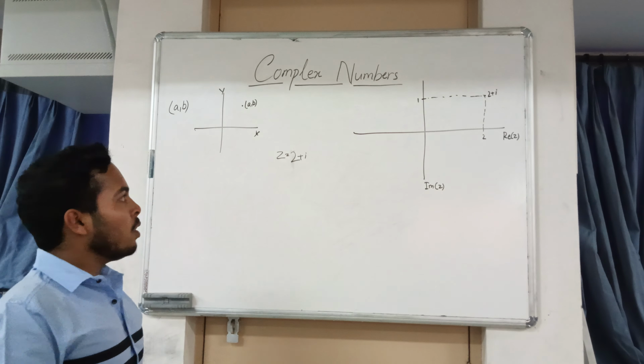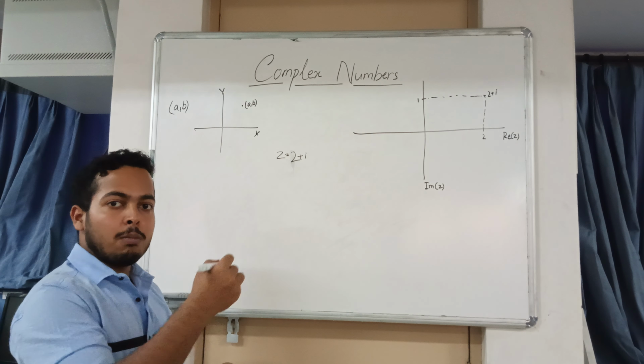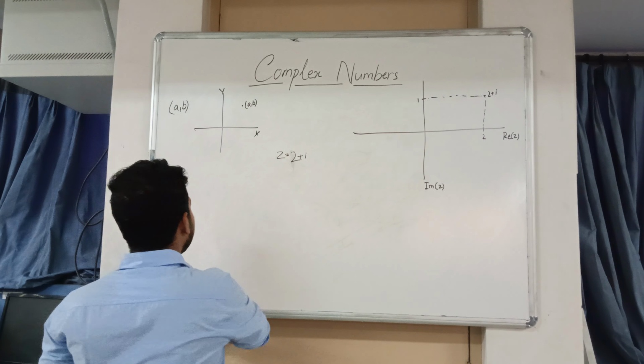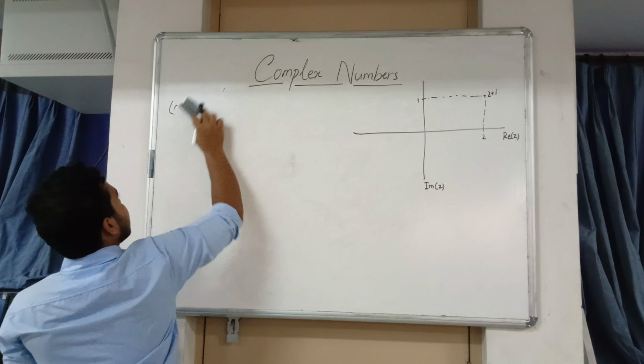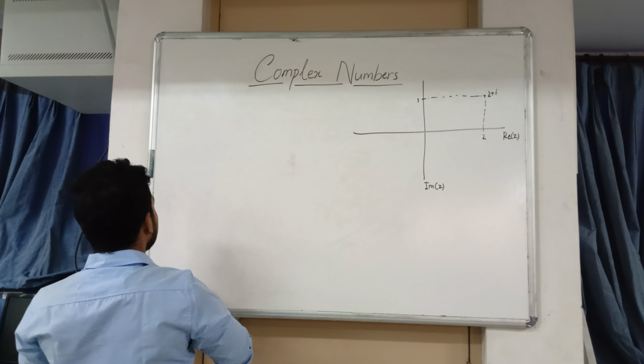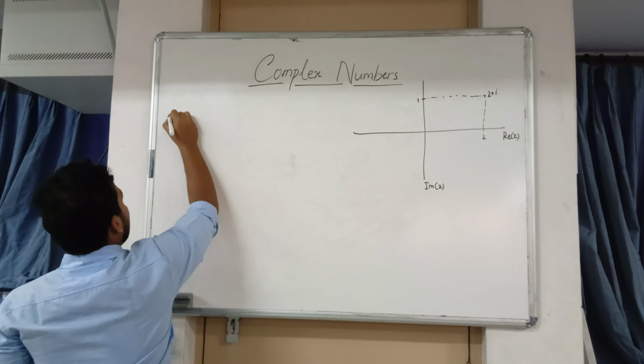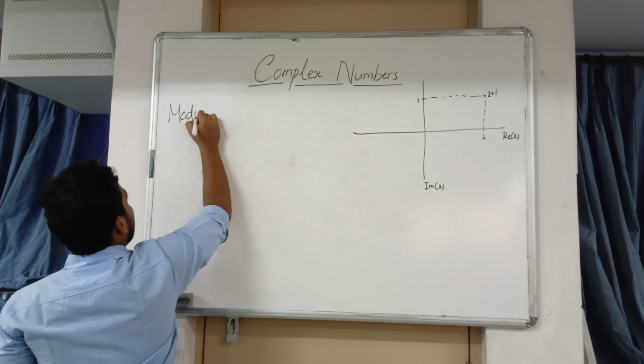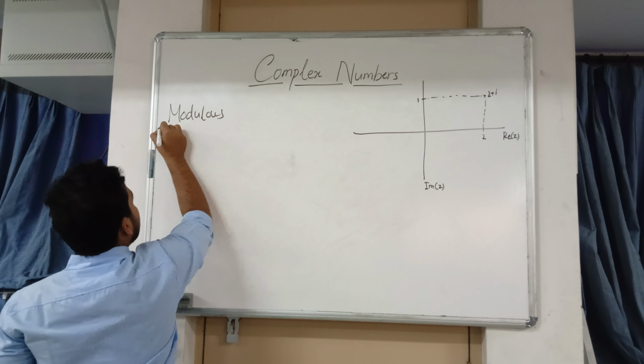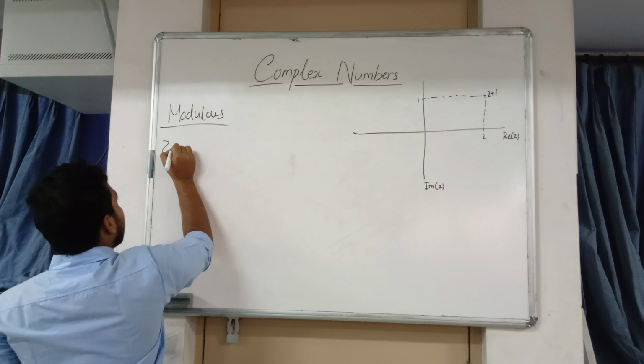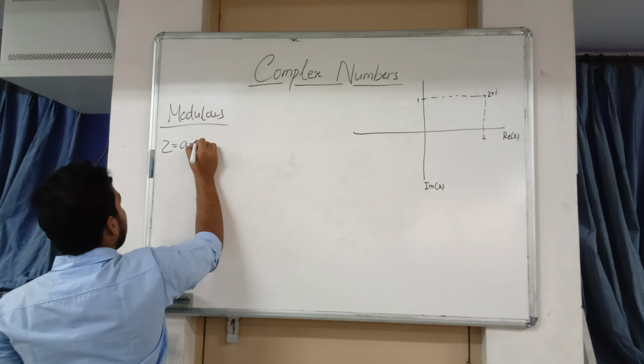Okay. Now, let's move on to the next topic, modulus of a complex number. Modulus of a complex number z is equal to a + ib.